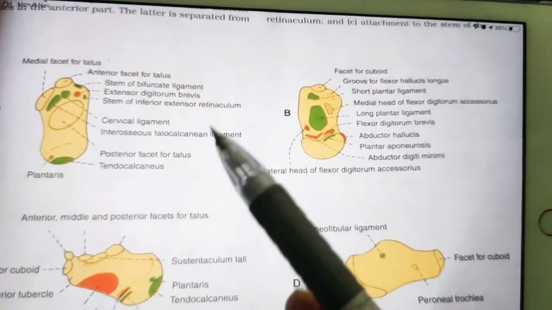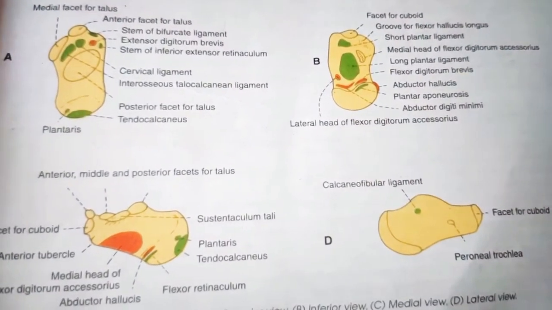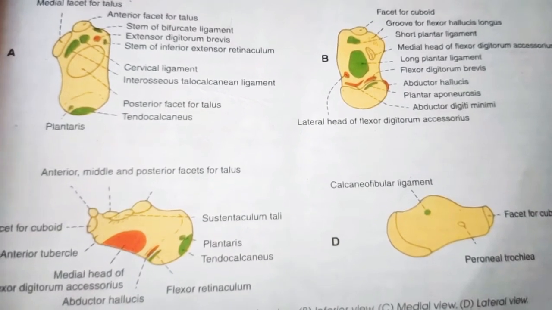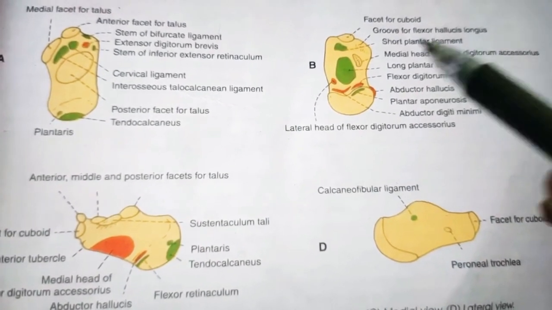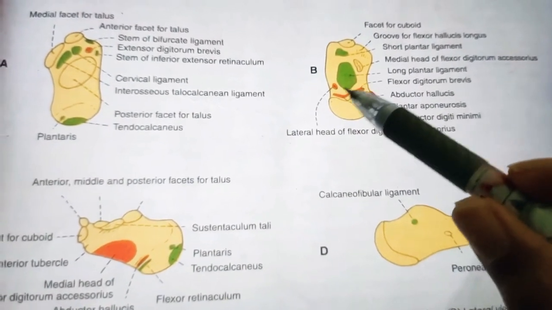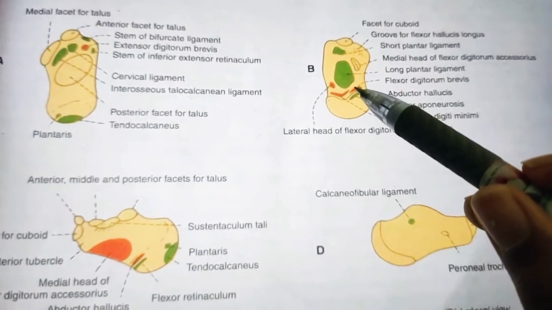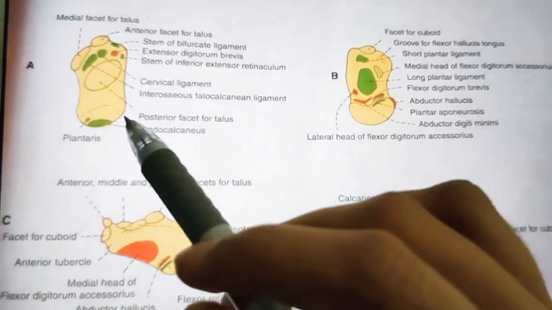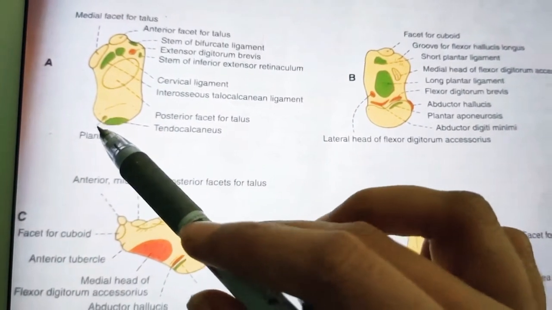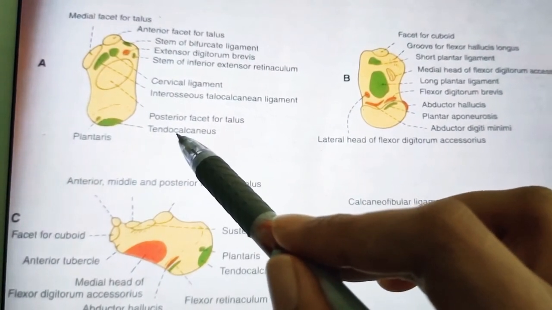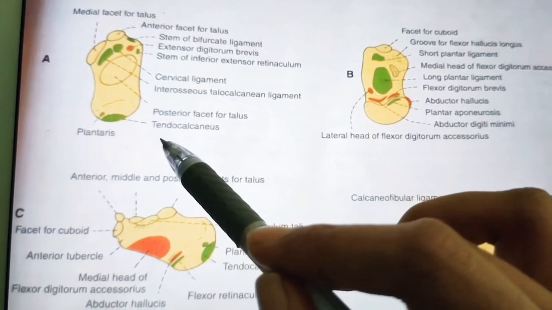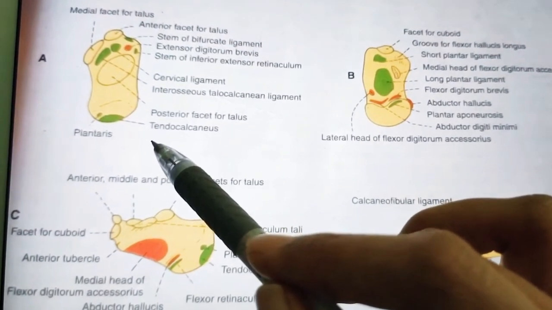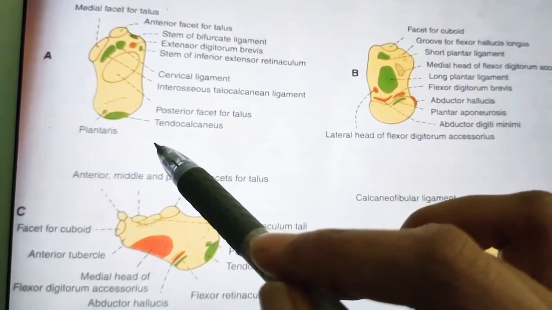Now let us understand the attachments and relations, which is mostly important regarding the calcaneus. If you see the middle rough area of the posterior surface, it mainly receives the insertion of tendocalcaneus. Here you can see the middle rough area on the posterior side gets the insertion. Here the green color represents the insertion of tendocalcaneus and also plantaris.